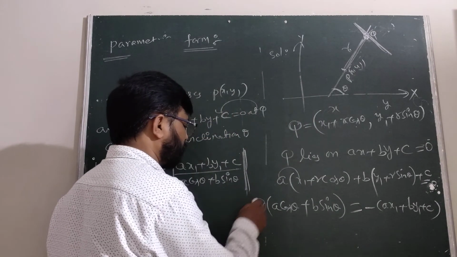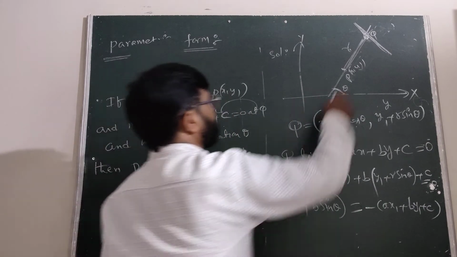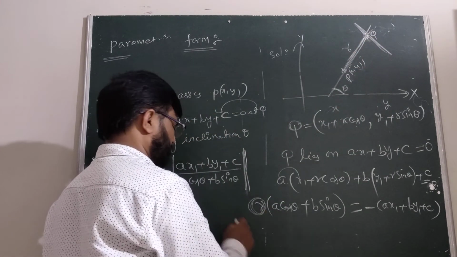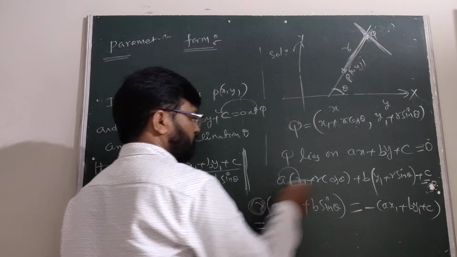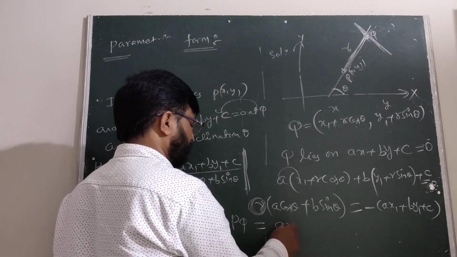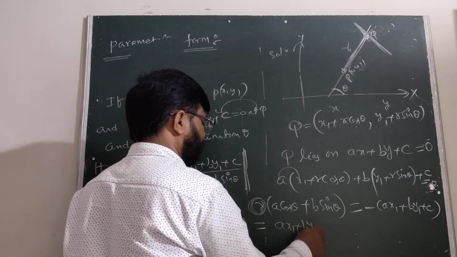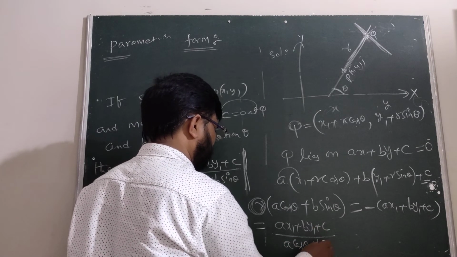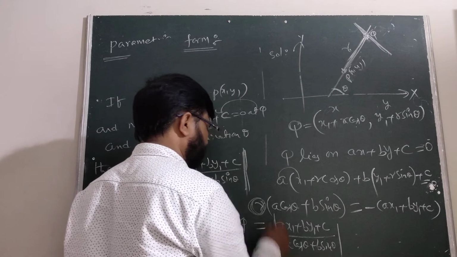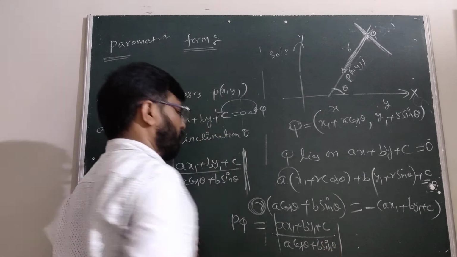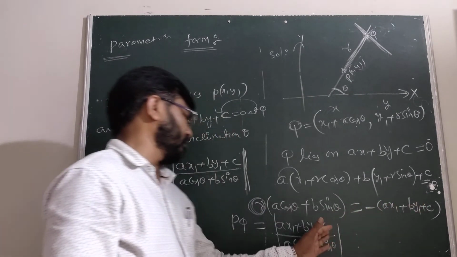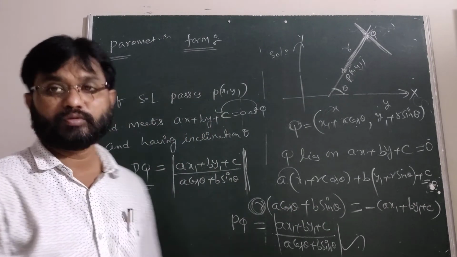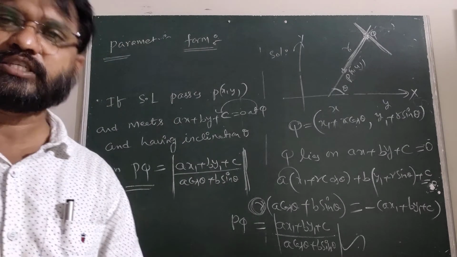Now r is PQ, so PQ equals the modulus of ax1 plus by1 plus c by a cos theta plus b sin theta, all in modulus. This is PQ. That means the distance is always positive.